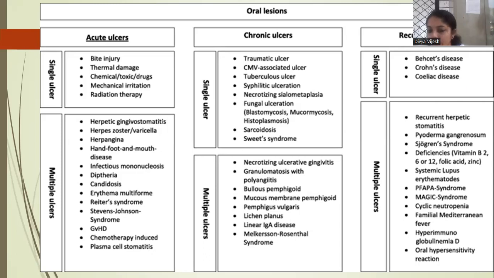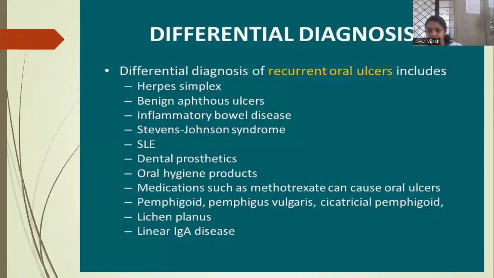Chronic multiple ulcers include necrotizing ulcerative gingivitis, bullous pemphigoid, pemphigus vulgaris, lichen planus, and linear IgA disease. Recurrent ulcers you can see mostly in recurrent herpetic stomatitis, pyoderma gangrenosum, Sjogren syndrome, many deficiencies, and cyclic neutropenia. So this is the classification of ulcers.